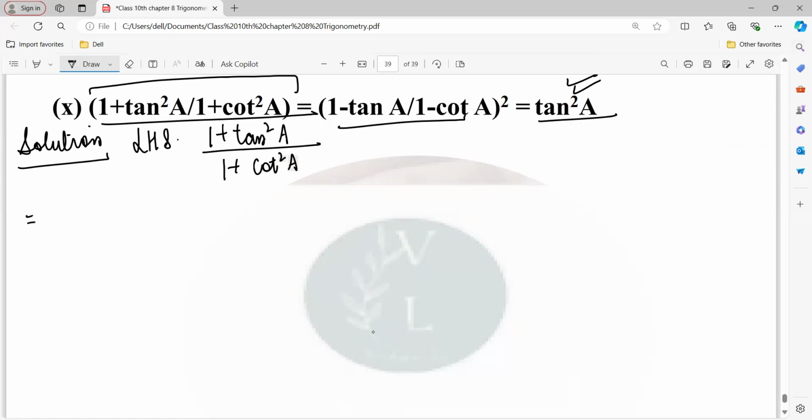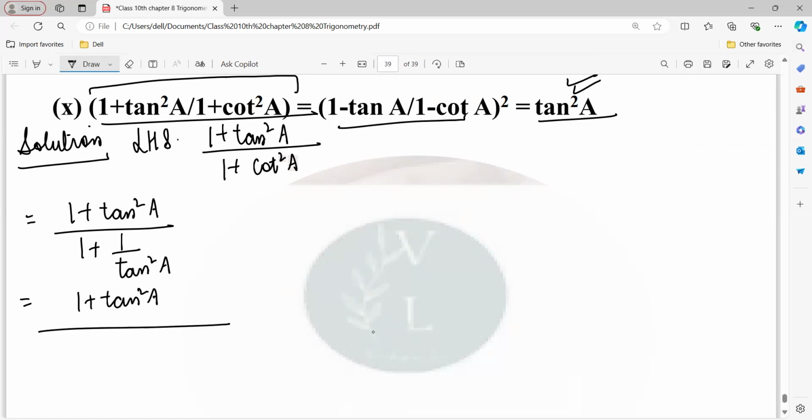Now, 1 plus tan square A. We want the answer in tan, so we'll not eliminate tan, we'll eliminate cot. So we'll convert the cot in terms of tan. So it will be 1 upon tan square A. Now taking the LCM in the denominator, we'll get (tan square A plus 1) upon tan square A.